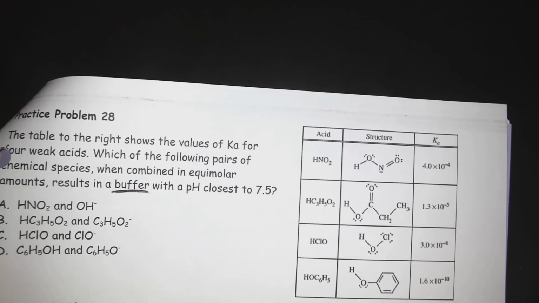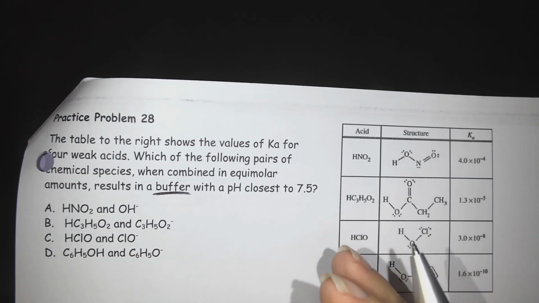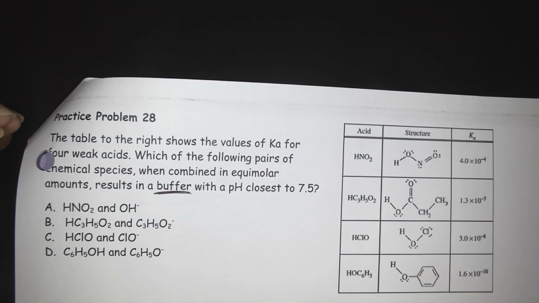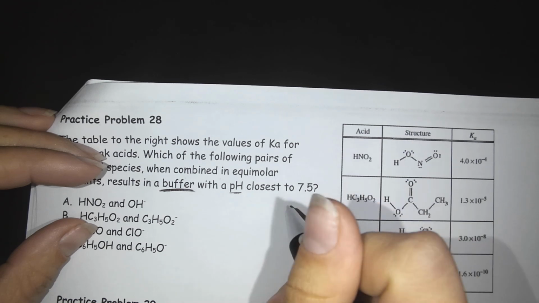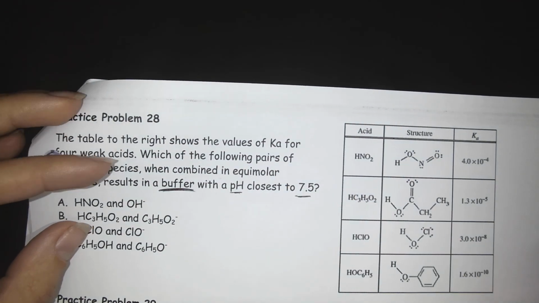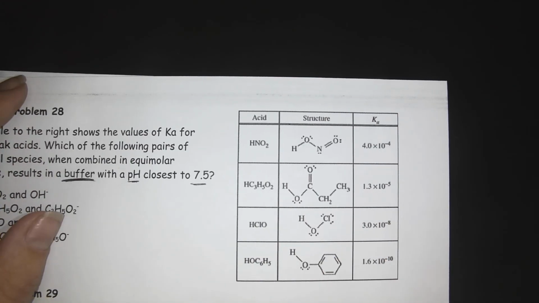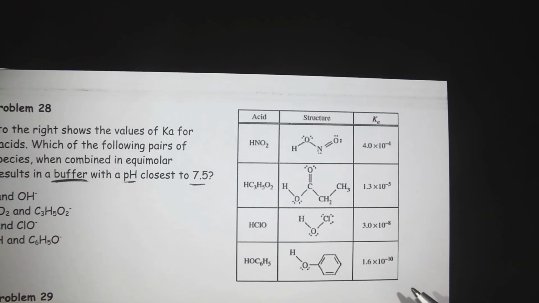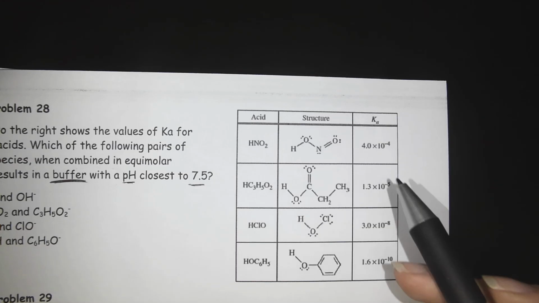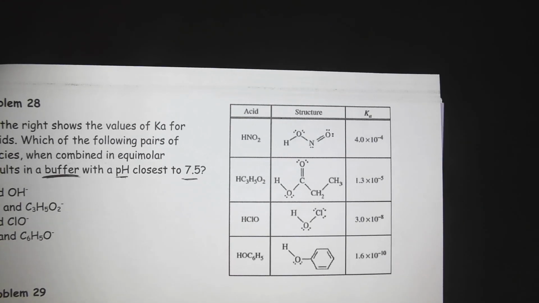So if I go back to this, if they are in equal amounts, equal concentrations, then this pH should equal the pKa of that, 7.5. They just give us the Kas though, they don't give us the pKas. So we can get our calculators out and we can do the negative log of each of those to get the pKas, but we have a little trick here.